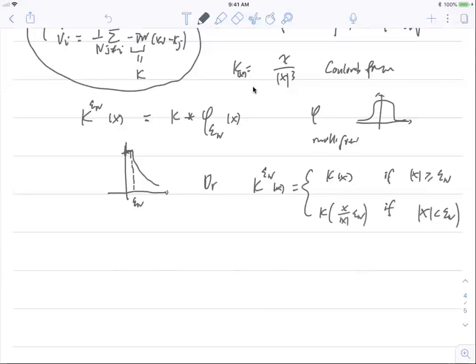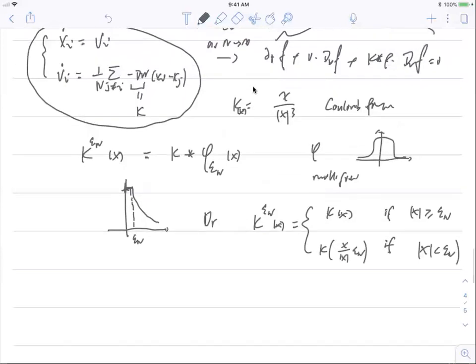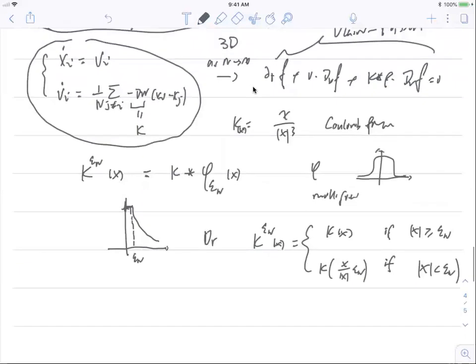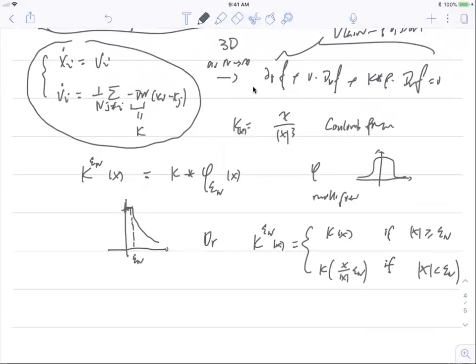Using this type of cutoff, you can show the convergence of the empirical measure towards the limit f, not almost surely, but with large probability, in this way.